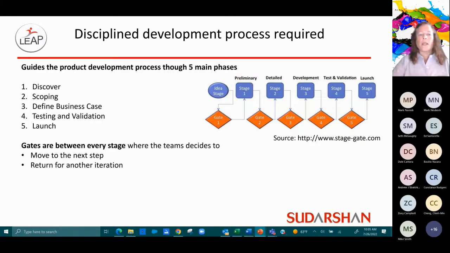In addition, there are gates in between each of the stages where the team, notice I emphasize the word team, decides whether or not to move to the next step or return back to the previous step for another iteration.